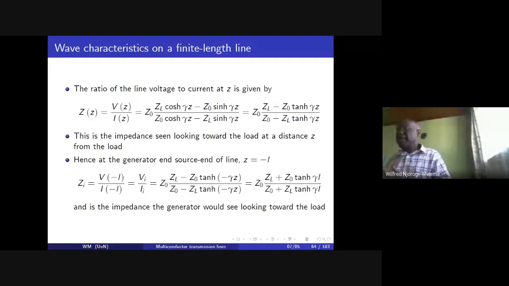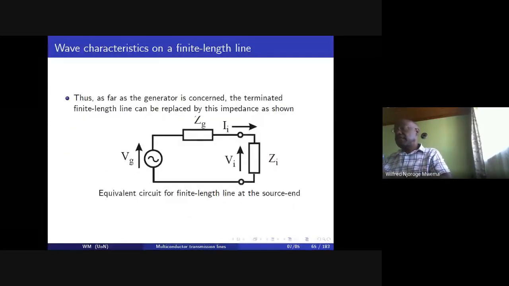And therefore, we see that the line has transformed ZL into another impedance, Zi, seen by the generator. So the line is acting as an impedance transformer, so to speak. So thus, as far as the generator is concerned, the terminated finite length line can be replaced by this impedance Zi as shown below.